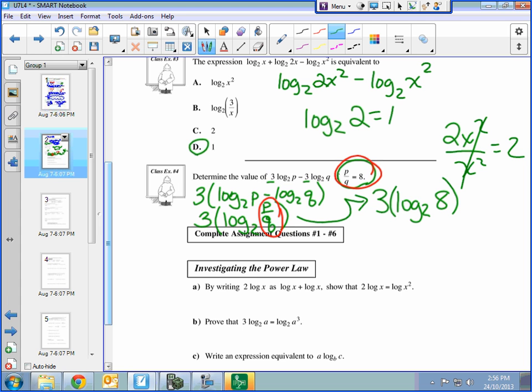So now we can evaluate log of 8 base 2. It should be 3, so 3 times 3. Did everyone get this?